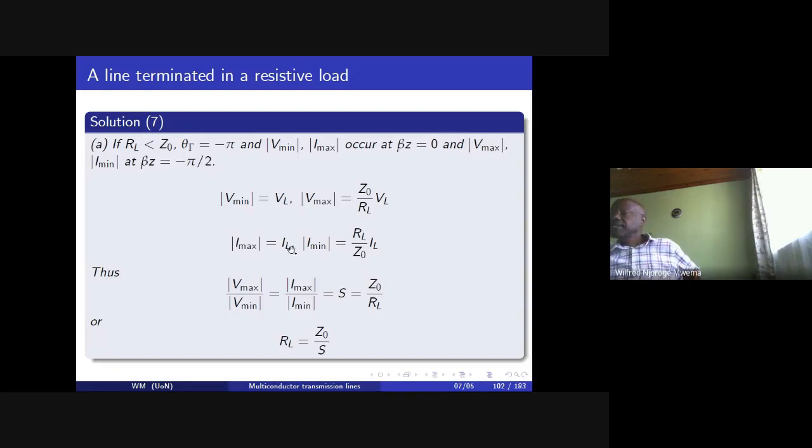And Imax will be IL, that is the maximum value of the line current will be the load current, and the minimum value will be given as RL over Z naught times IL. And therefore the standing wave ratio is just going to be given by S equal to Z naught by RL, and we see that the load termination resistance is just the characteristic impedance divided by S.